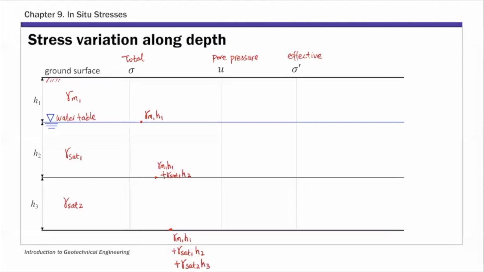That's the total stress value at the bottom of this soil profile. In between, you can simply use linear interpolation. I can connect all these dots with straight lines to get the stress profile.